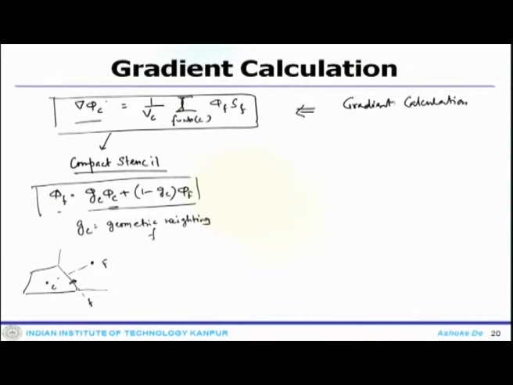How to calculate this surface flux phi f or the corrected flux and the G c, there are different options. We have discussed three options: option 1, option 2 and option 3. That is what we have essentially done till the last class.